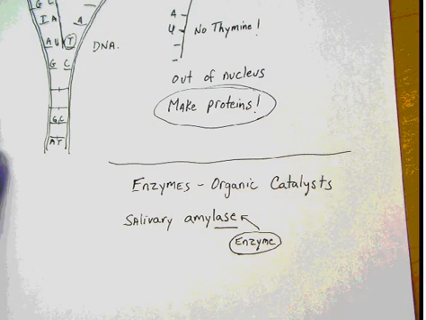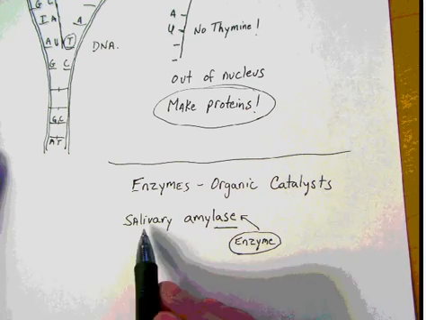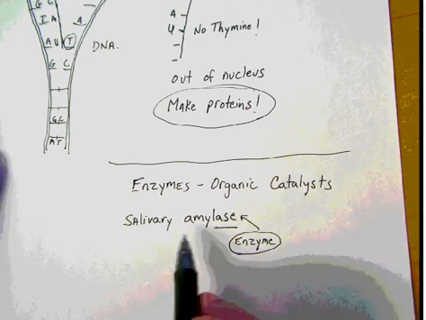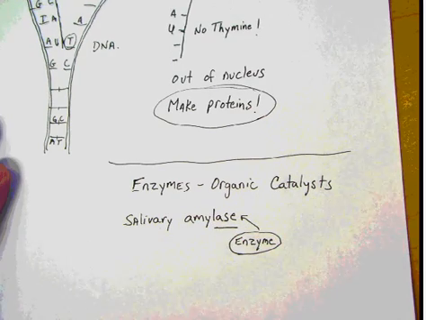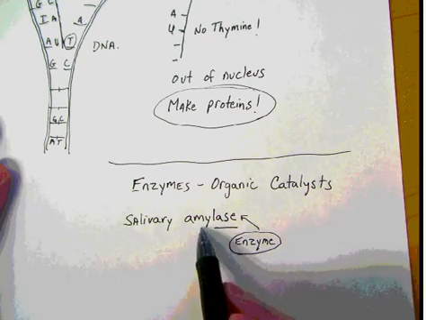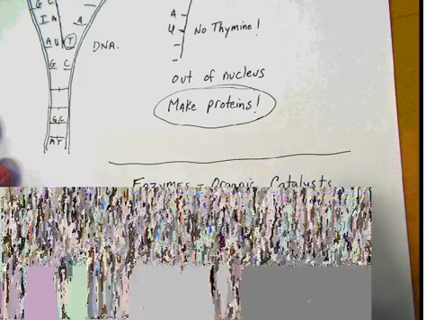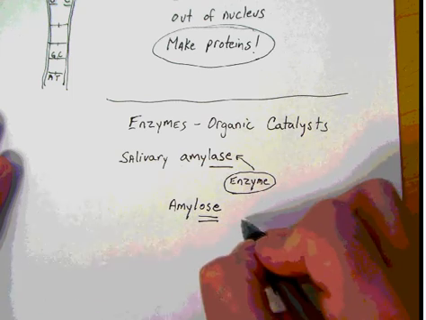If it ends in ACE, it's an enzyme. So this is an enzyme that's found in your saliva. It helps you to break down carbohydrates, right? And the carbohydrate that it breaks down is called amylose. And anything that ends in ose, we learned earlier in our unit, is a sugar.